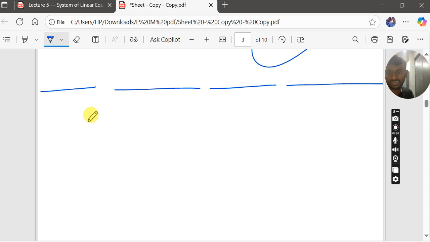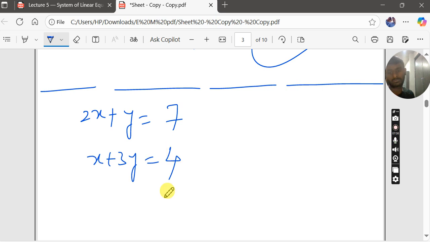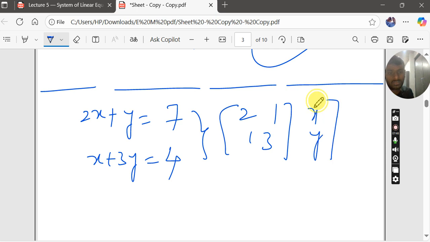Okay, let's say we have 2x plus y equal to 7 and x plus 3y equal to 4. Now what is the matrix format here? 2 1 1 3, and there will be the vector x y, and the b matrix 7 4.